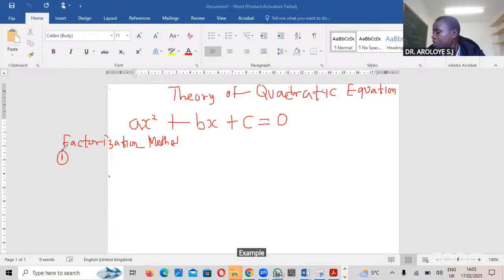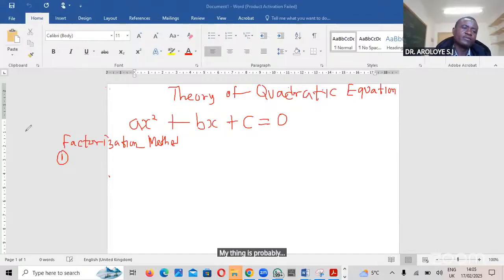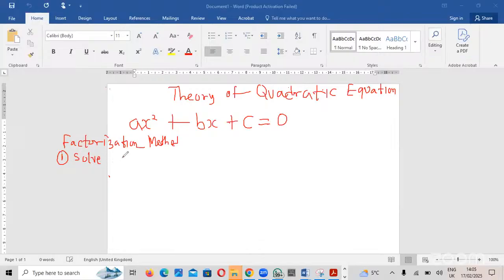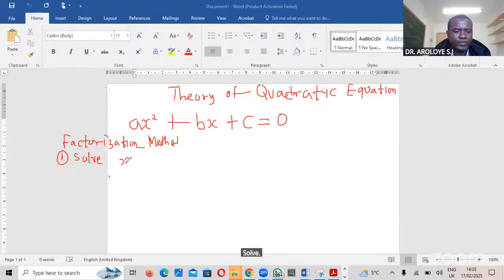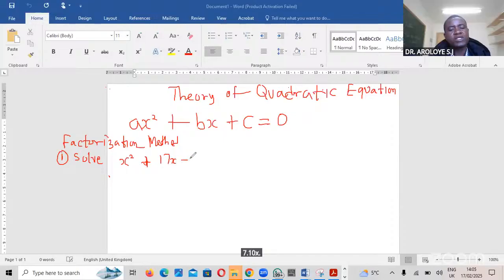Let's say we want to solve x squared plus 17x plus 30 is equal to 0.